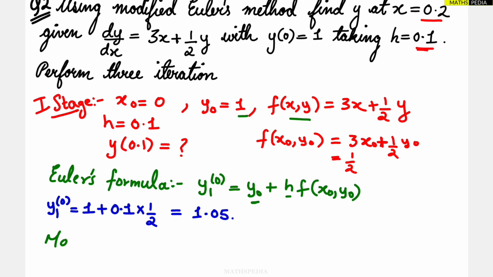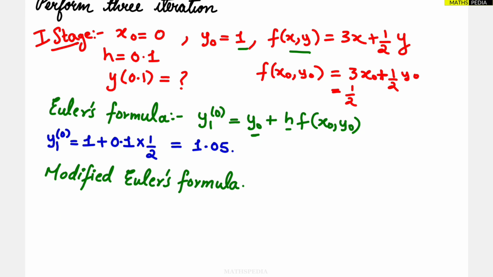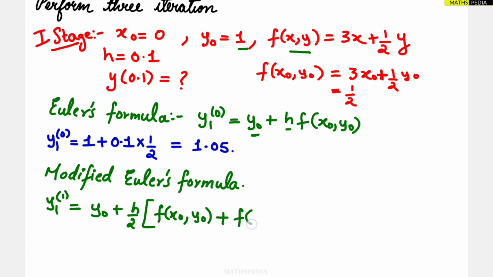Modified Euler's rule. First iteration will start. It is y1 of 1. It is equal to, what is the formula? y0 plus h by 2 into function of x0 comma y0 plus function of x1 comma y1 of 0.